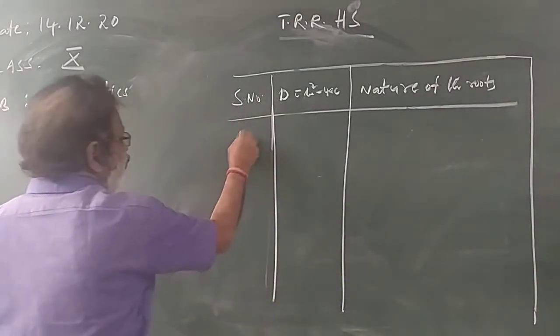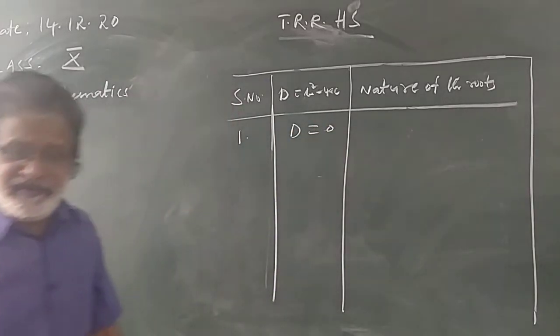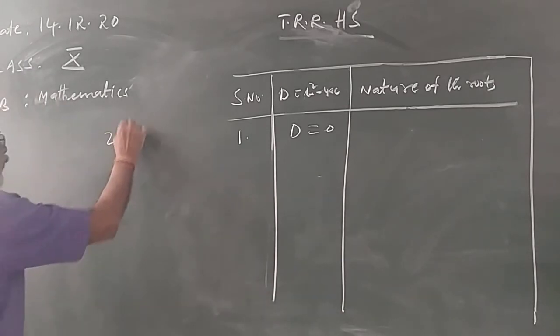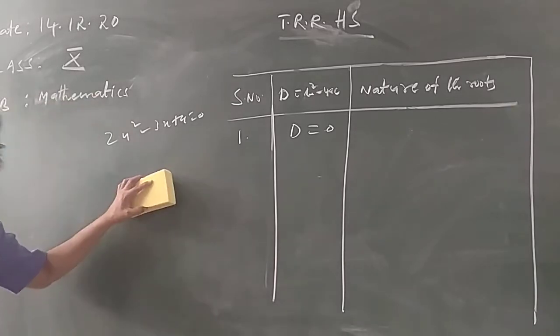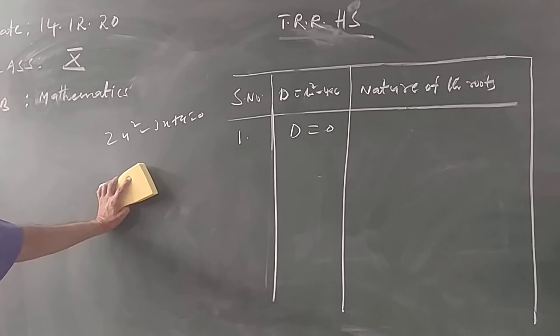This is scenario number 1. If D equal to 0, for example, they will give a quadratic equation like 2x square minus 3x plus 4 equal to 0. How to comment on the nature of the roots? Then you have to calculate the discriminant.